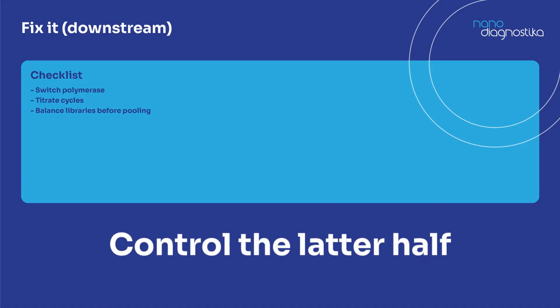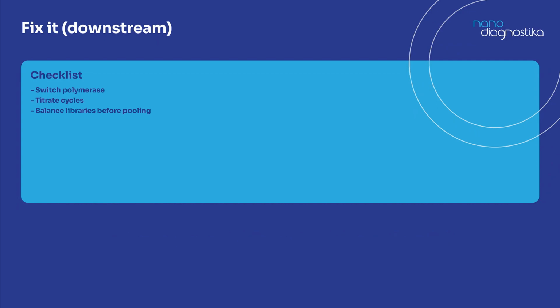Using both types of standards together gives you a comprehensive view of your workflow's performance. Here's how. Run the whole cell standard through the entire process, and run the DNA standard starting from library prep. By comparing the results, you can pinpoint where any bias is introduced.